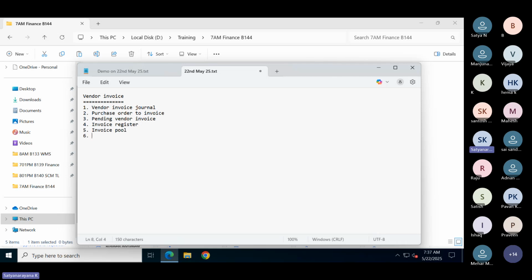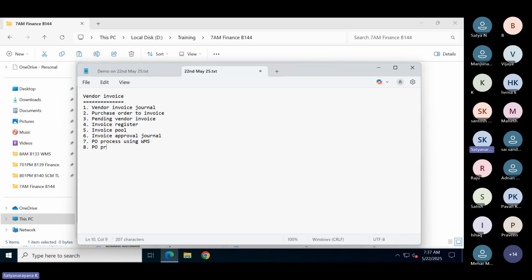Next, invoice approval journal. Next, PO process using WMS, warehouse management system.